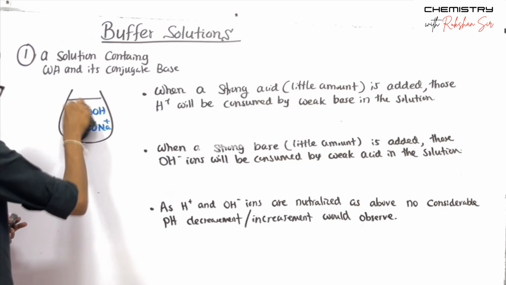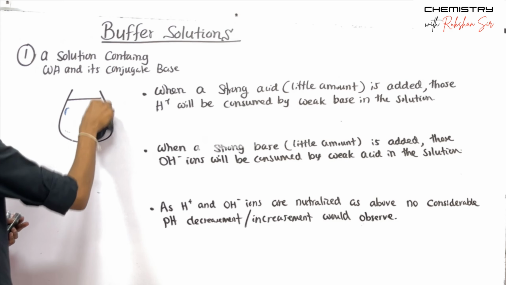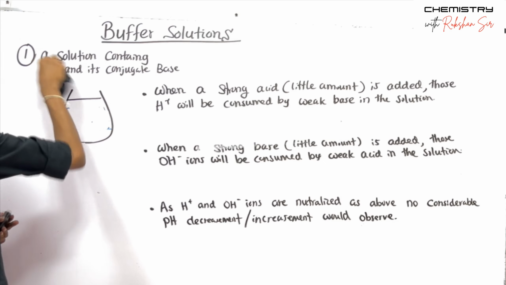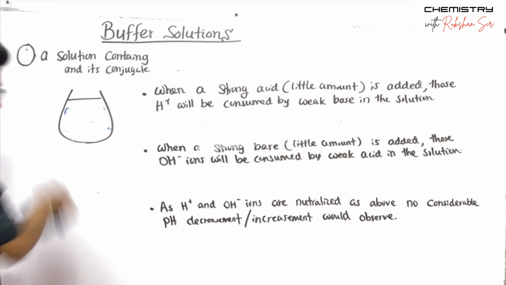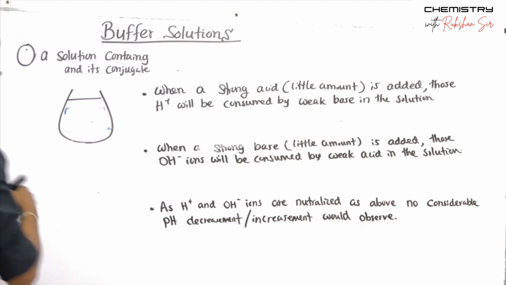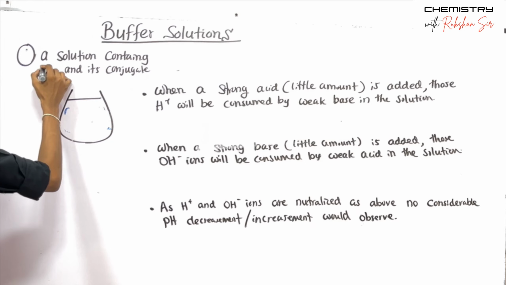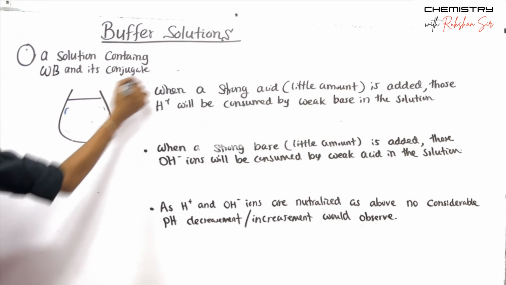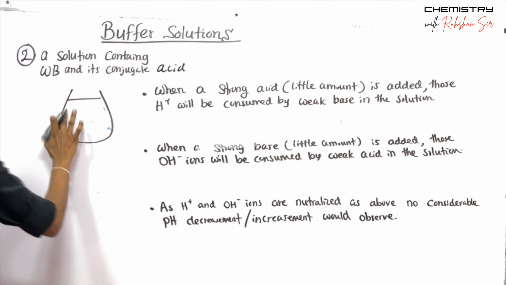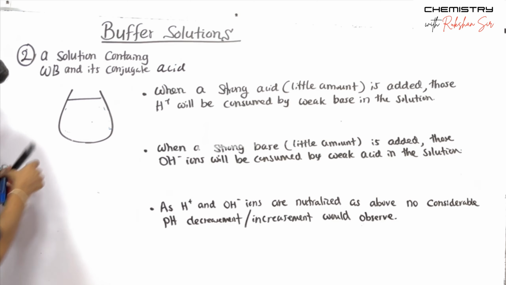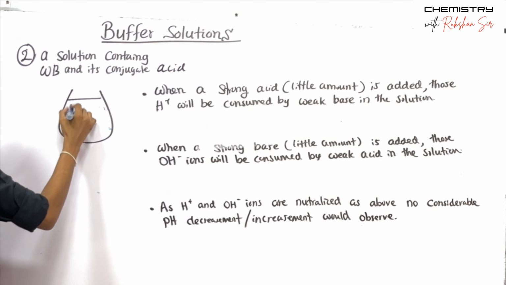So let's try to explain the buffer action of a solution containing a weak base and its conjugate acid. See this one, solution containing ammonia and ammonium chloride.